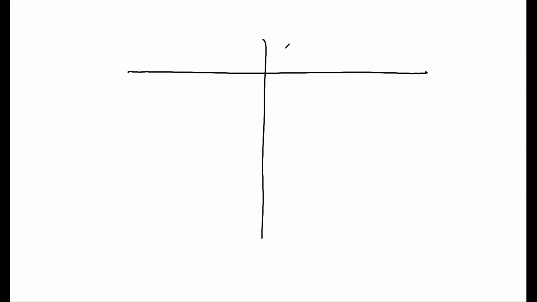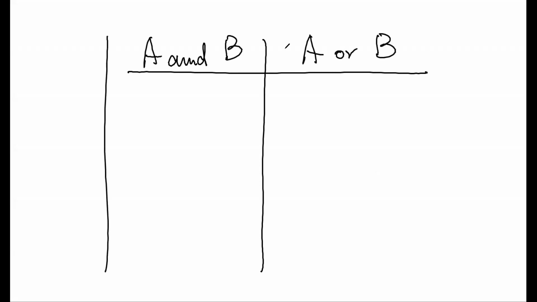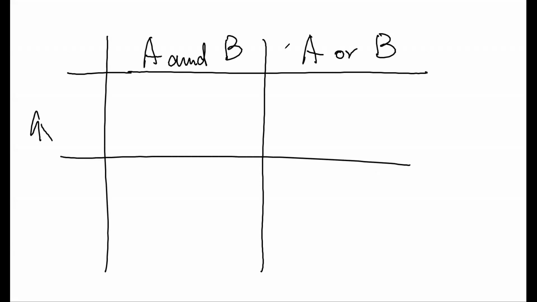Basically in chapter 4, we have two big topics, A and B, and A or B. And now we have two cases: a special case and the general case.